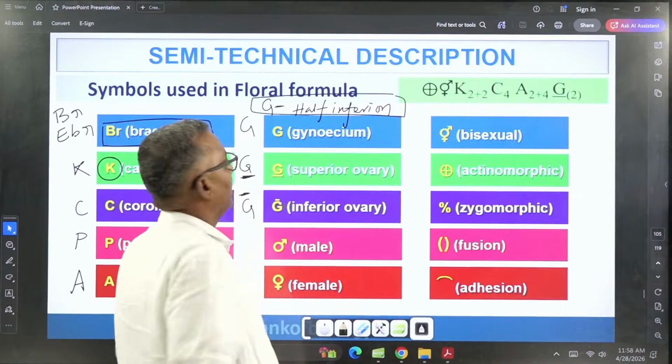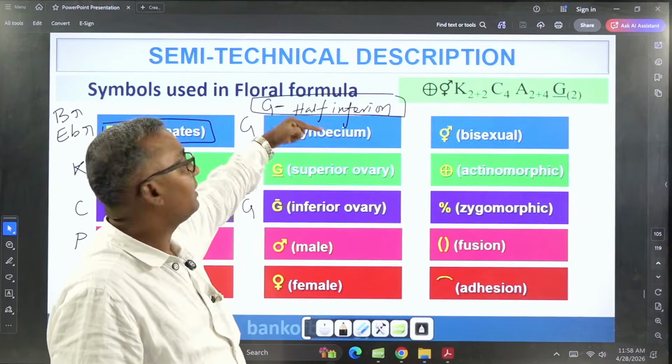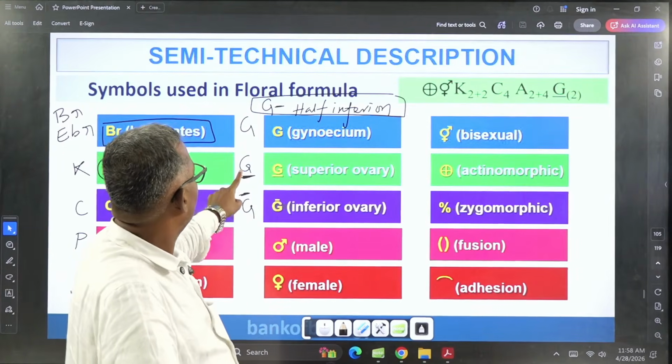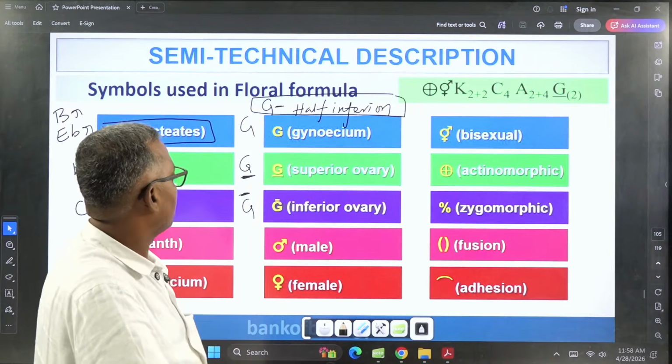Got it? Half inferior is represented by keeping G and a hyphen beside the G. So this is half inferior, this is superior, this is inferior.